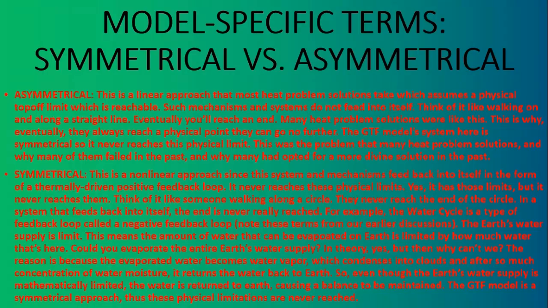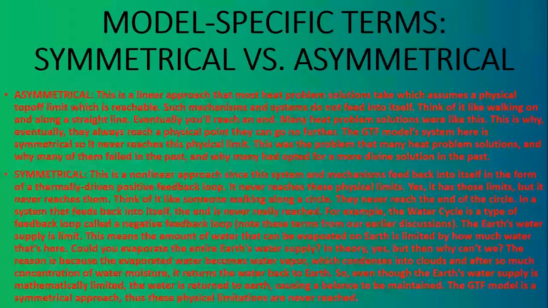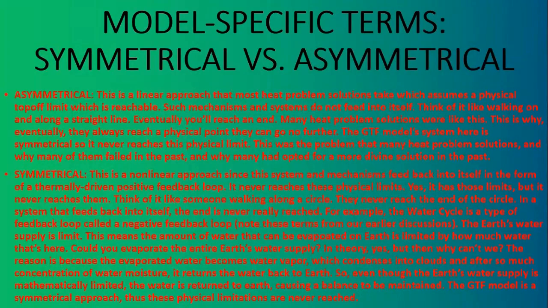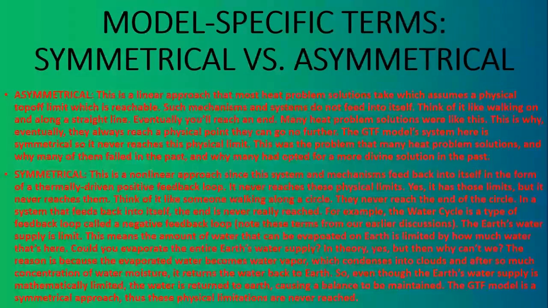The reason is because the evaporated water becomes water vapor, which condenses into clouds, and after so much concentration of water moisture, it returns the water back to Earth. So even though the Earth's water supply is mathematically limited, the water is returned to Earth, causing a balance to be maintained. The GTF model is a symmetrical approach, thus these physical limitations are never reached. Again, this is about reaching those physical limitations, not about them existing or not existing.